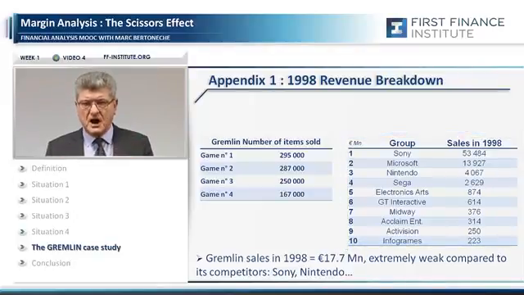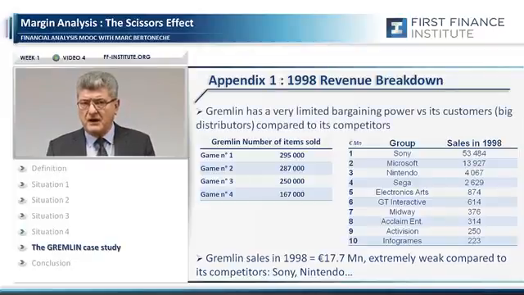Gremlin has no star product and has therefore a very limited bargaining power vis-à-vis its customers, that is the giant companies of the distribution: Tesco, Walmart, Carrefour. Gremlin is not in a situation to impose its conditions in terms of pricing to its distribution network. It looks like a Mini traveling alongside huge, strong trucks.